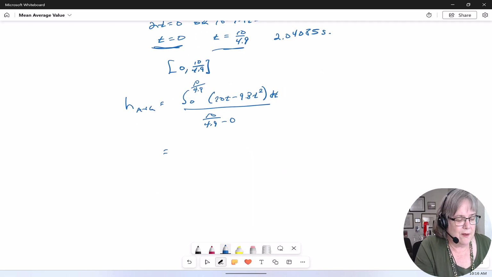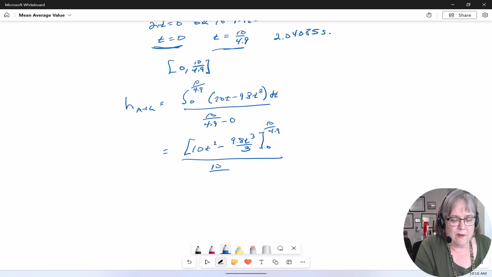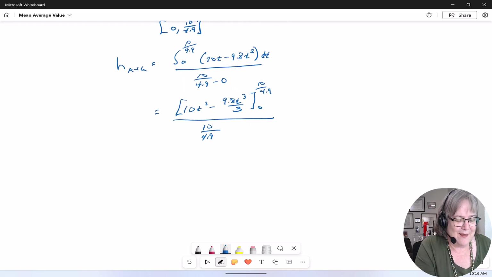So this is going to be 10t squared minus 9.8t cubed over 3 evaluated from 0 to 10 over 4.9, over 10 over 4.9. Don't forget the denominator. All right.